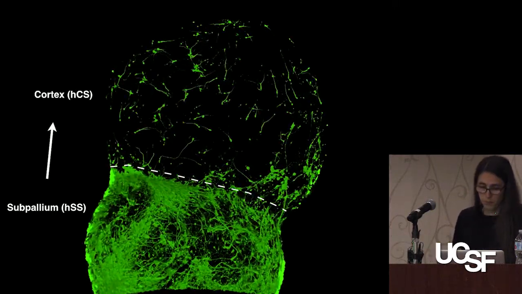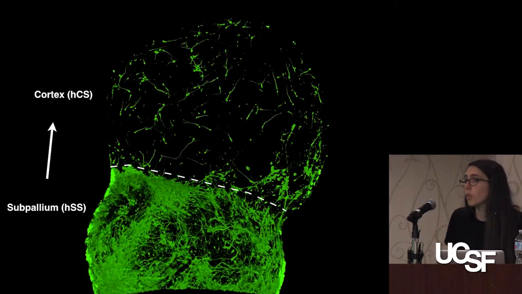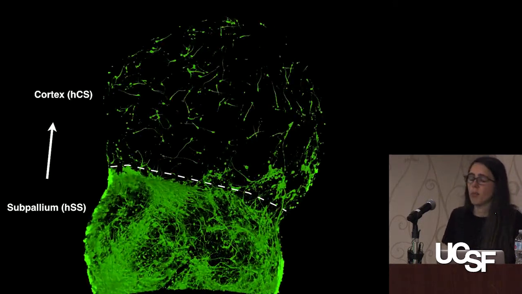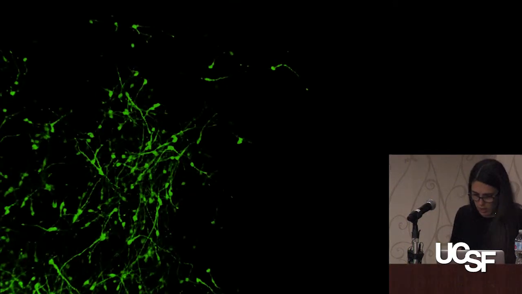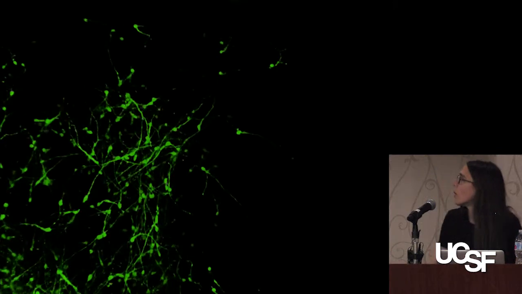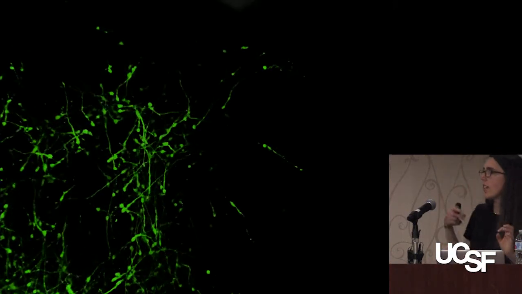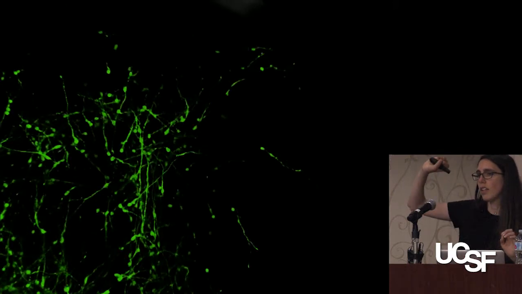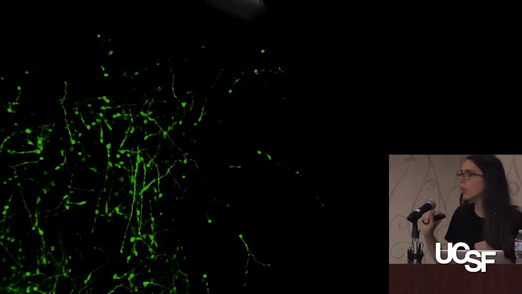Interneurons have a very particular way of moving. They move in a saltatory pattern. I'm going to zoom in so that you can see this movement. They extend a leading process that is basically looking where to go.